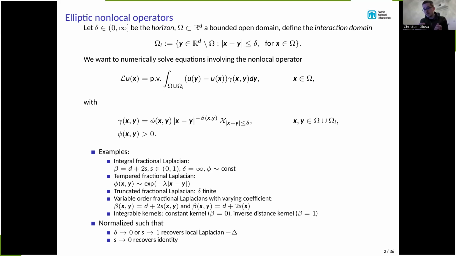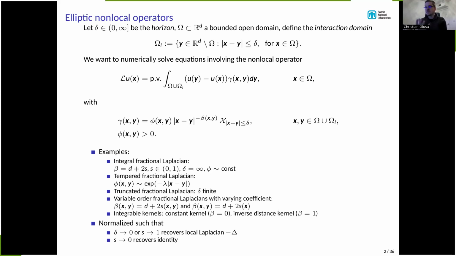Now, delta can be finite, but it can also be infinite. In which case, this interaction domain, what I term omega I, would be the entire complement of our domain. So we would be imposing some sort of volume condition on the entire complement of the domain. Now, the operator that we care about looks a bit like a Laplacian operator in some ways.